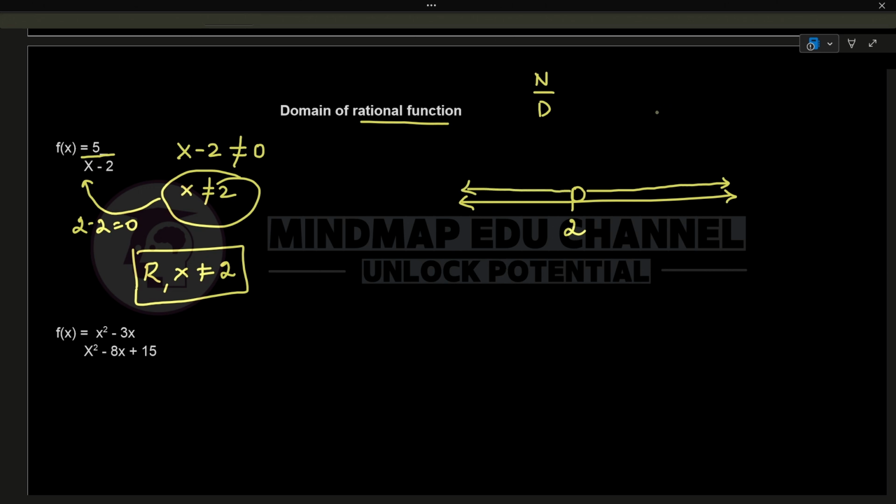So, the domain here will be from minus infinity to 2, union 2 to infinity. Now, these brackets which we are using here are the open brackets. This shows that these numbers are not included in the domain.